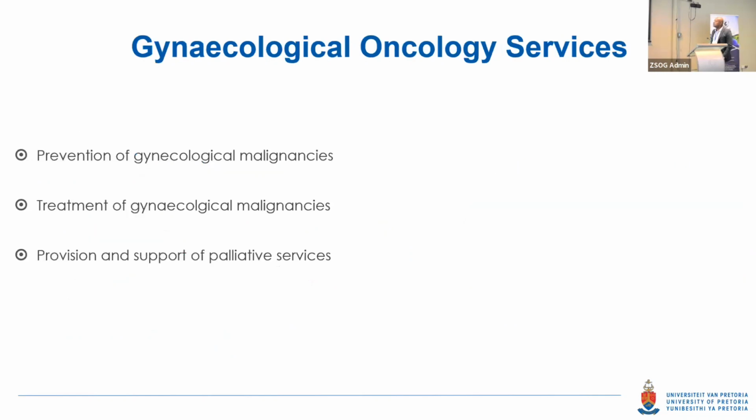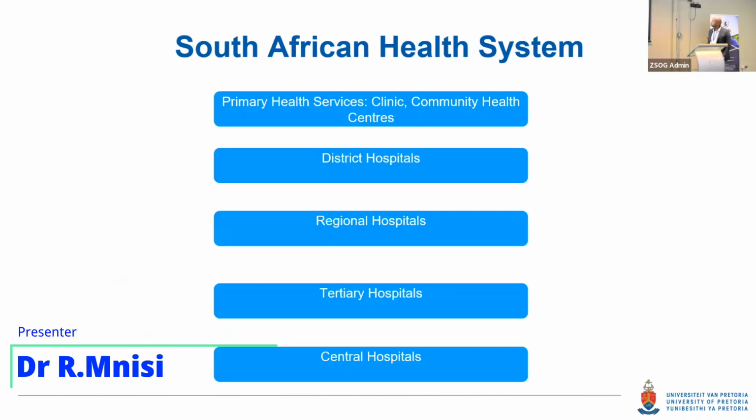What is a gynecological oncology service? It's the service that offers prevention of gynecological malignancies, treatment of gynecological malignancies, and provision and support of palliative services. Just to give you an idea of the South African health system, we have the primary health system, which comprises clinics and community health centers.